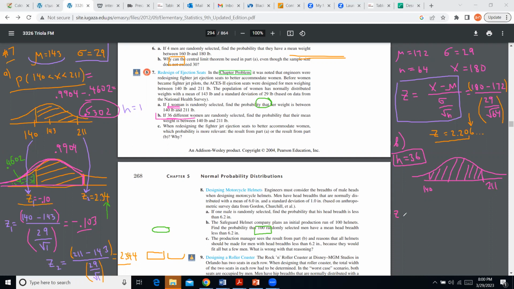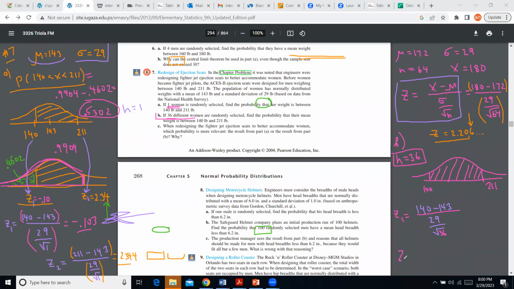So for the first one, I'm going to use the exact same fraction. So 140 minus 143. So I'm looking at the left side on the bottom, and I divide this by 29, right? But then I have to put a square root extracted from that 36, right?